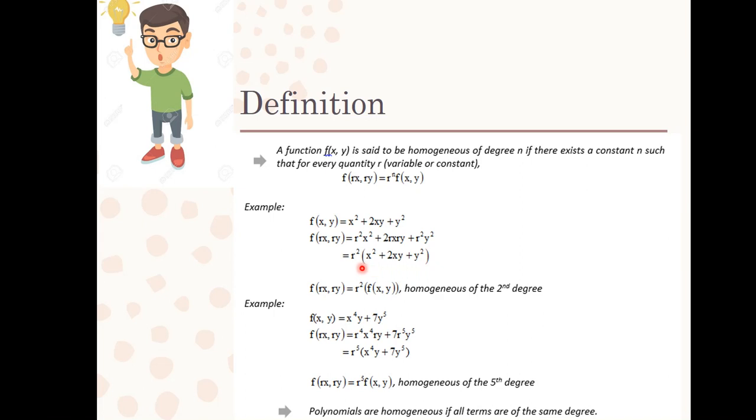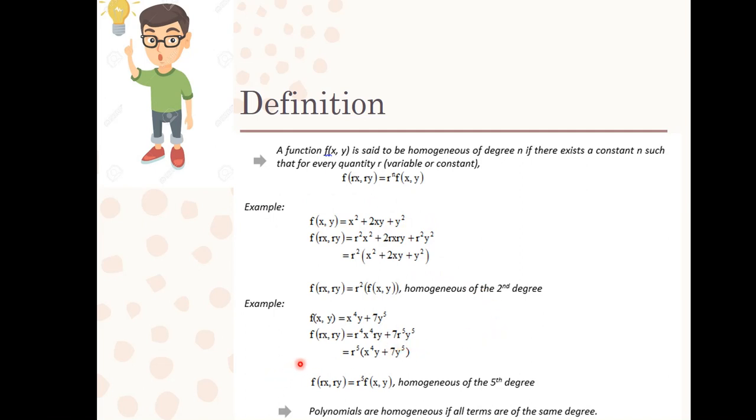Now, if you look closely at this particular expression, it's exactly the same as the original that was given. So in this case, we can conclude that your given function is homogeneous of second degree, or of degree 2.